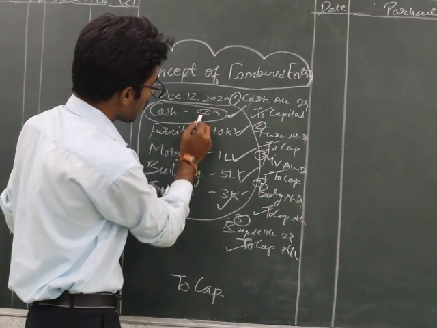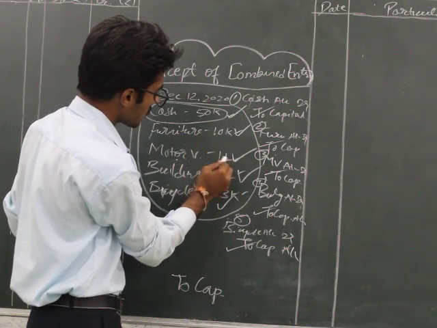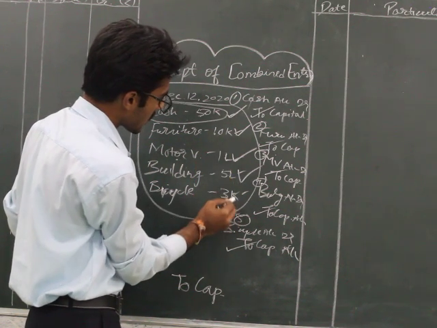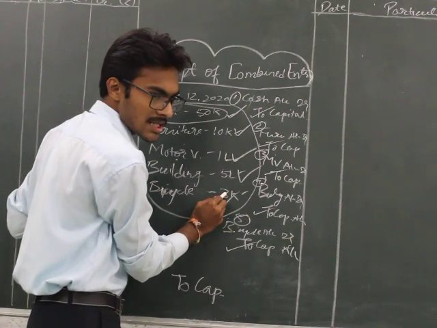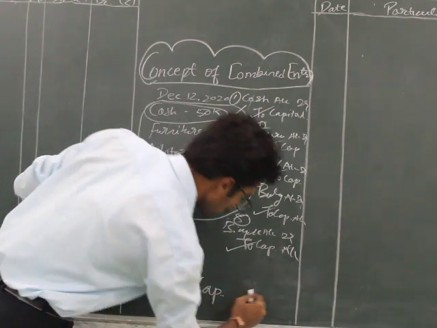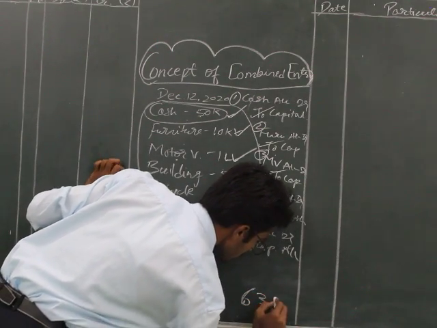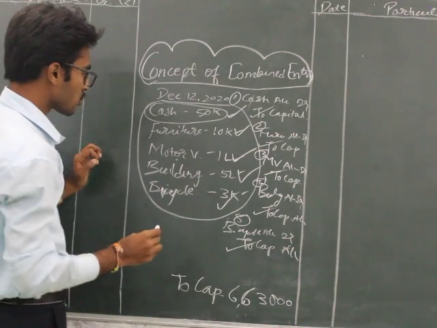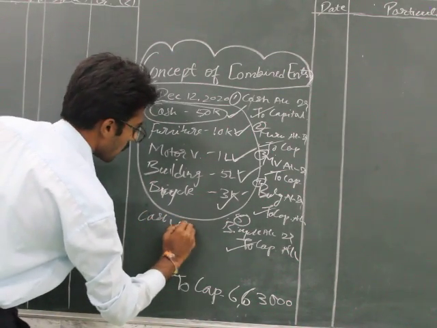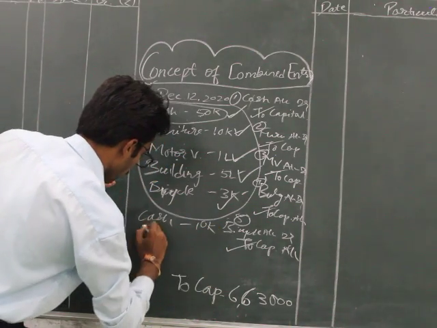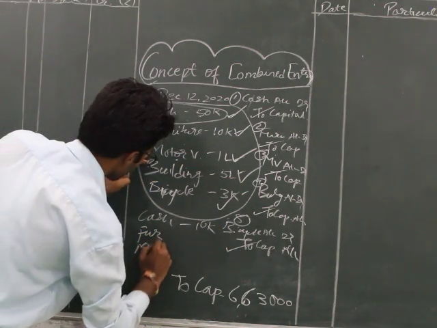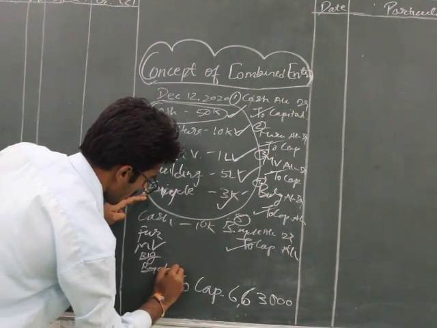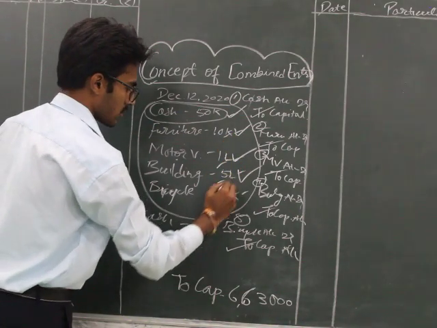So 50k and 10k is 60,000, plus 1 lakh is 1 lakh 60,000, plus 5 lakh is 6 lakh 60,000, and with 3,000 it is 6 lakh 63,000. So 6 lakh 63,000 will be our amount, and the debited accounts will be cash, furniture, motor vehicle, building, and bicycle with their respective amounts.